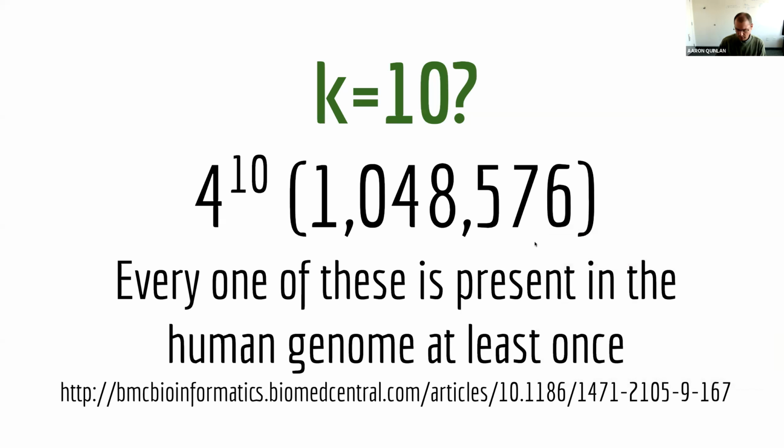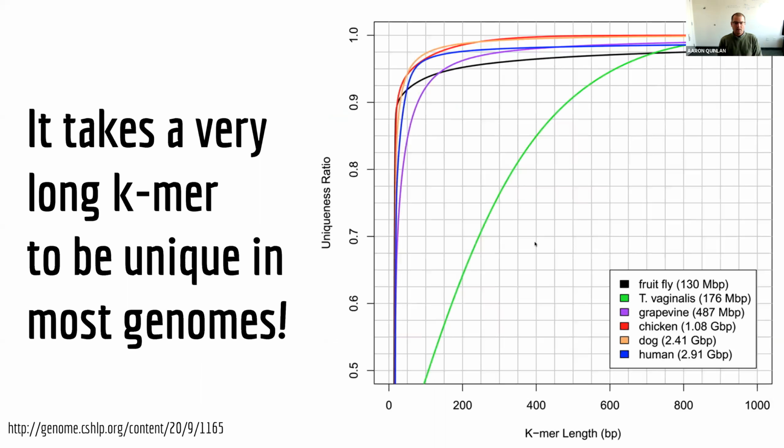All right, so let's jump out here. What this comes from is the other paper that I'm referencing at the bottom. What we're looking at is k-mer length, way down here. I think the lowest they go to is maybe 10. And what they're looking at is, given that k-mer length, what fraction of the k-mers in a particular genome are unique, that is, they occur once and only once. An extreme case is if k equals 3.1 billion, that k-mer exists once in the human genome.